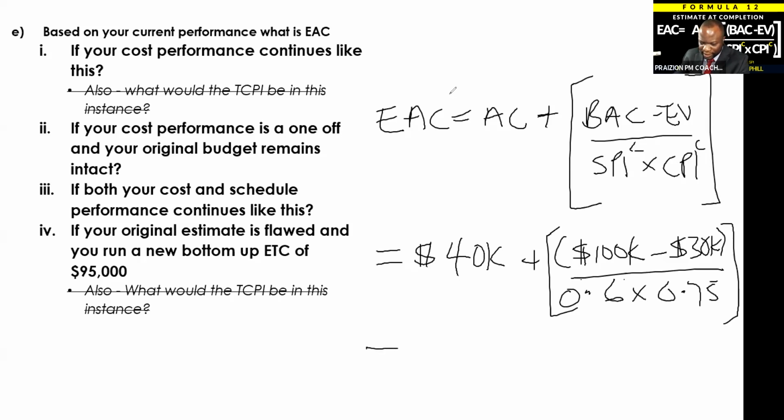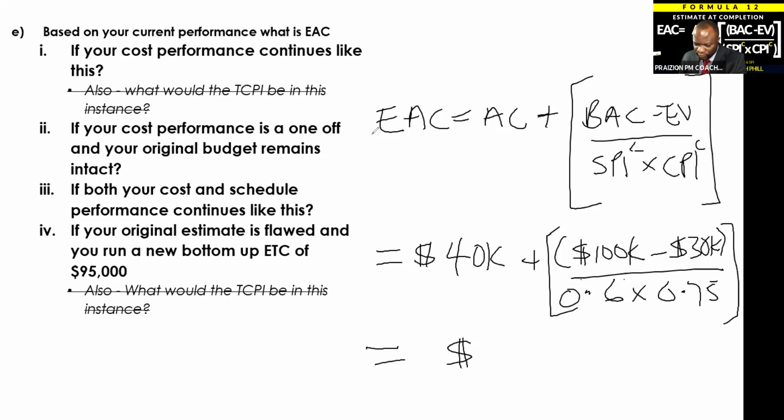And that at the end of the day would give you a final number of... would be 100... and what? So it would be 40K plus 70K divided by 0.45.